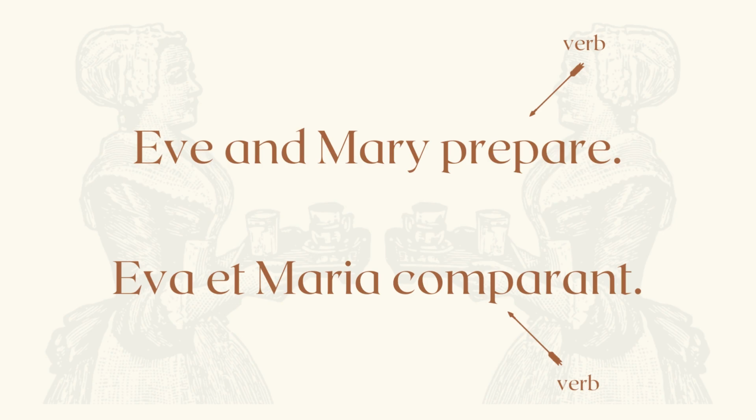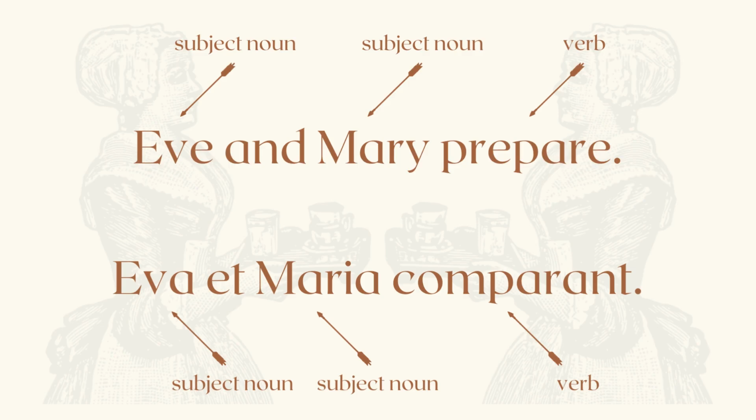We can easily see that, but look at the ending on it. It's a third person plural verb, and that's because our subject is actually two different nouns, Eva, or Eve, and Maria, Mary. So if our subject is plural, our Latin verb also has to be plural.